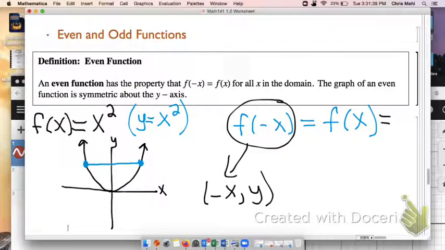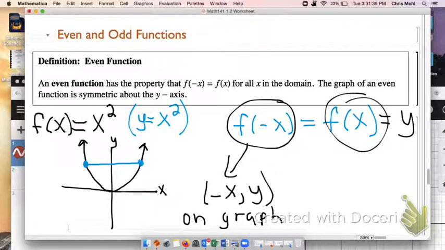So both of these, let's say, are equal to y. Right? F of minus x and f of x are equal. Let's say they equal y. This is saying minus x, y is on the graph. F of x, if that also equals y, that's saying that x comma y is on the graph.